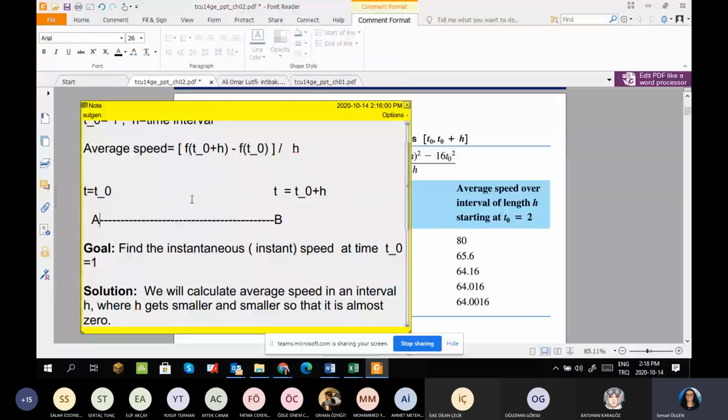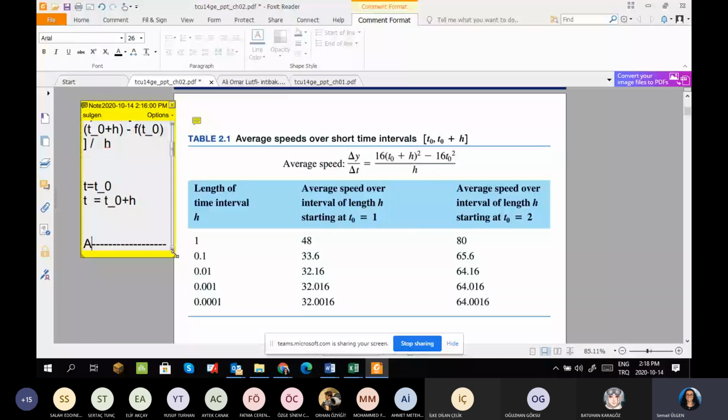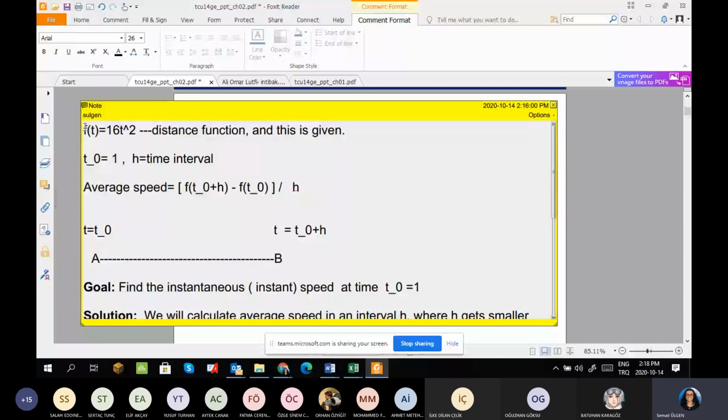So that's why I'm calculating the average velocities, and as I get close to the point A, I'm gonna get a closer value to the instantaneous velocity at A. These tables are showing that. By the way, my distance function in this question is this. This is the distance function. Okay, let me write an example here.